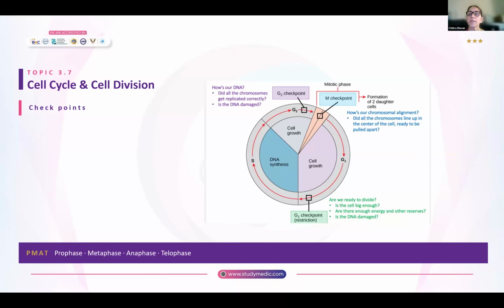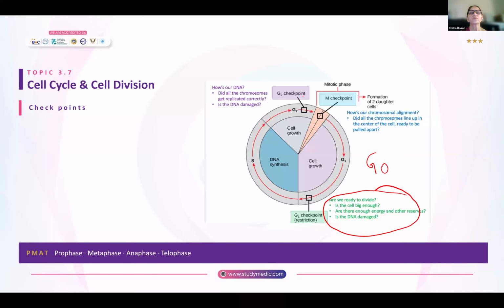If there is anything abnormal here, the cell doesn't continue into the further cycle. It goes back to G0 and tries to repair the damage. Then the other checkpoint is at G2.